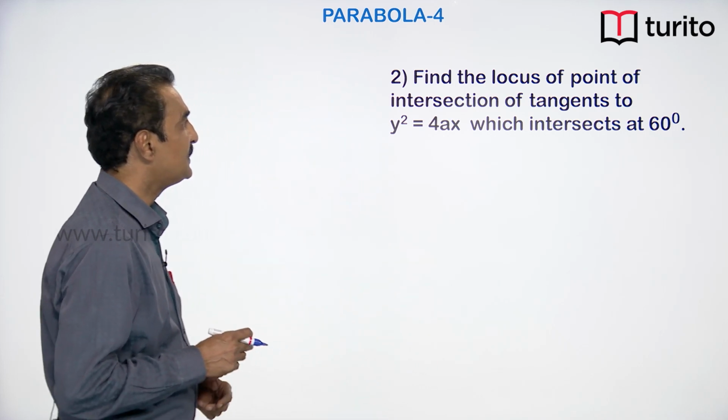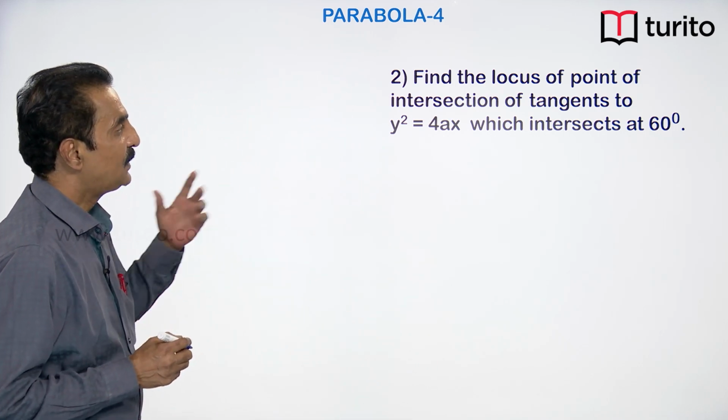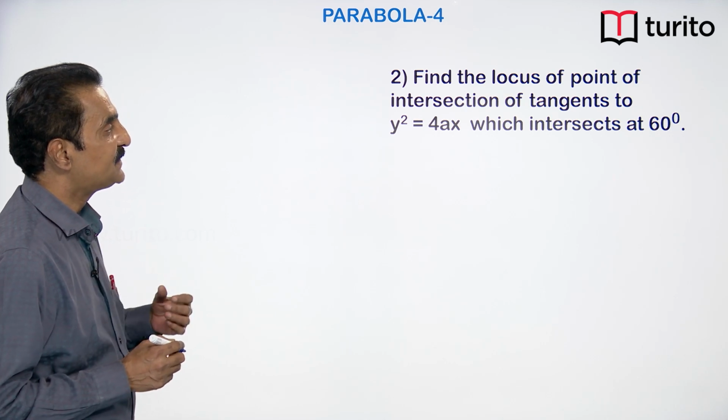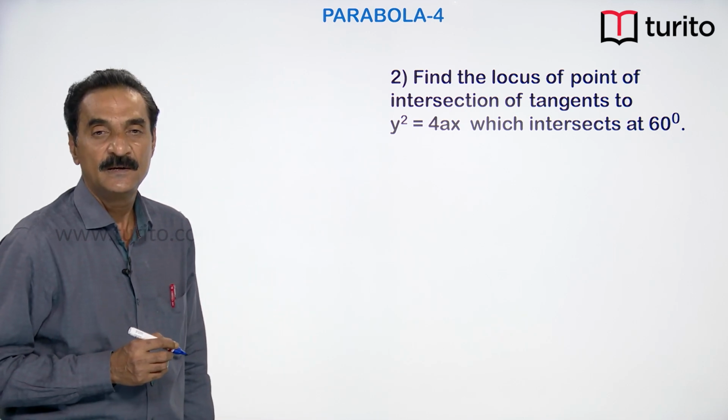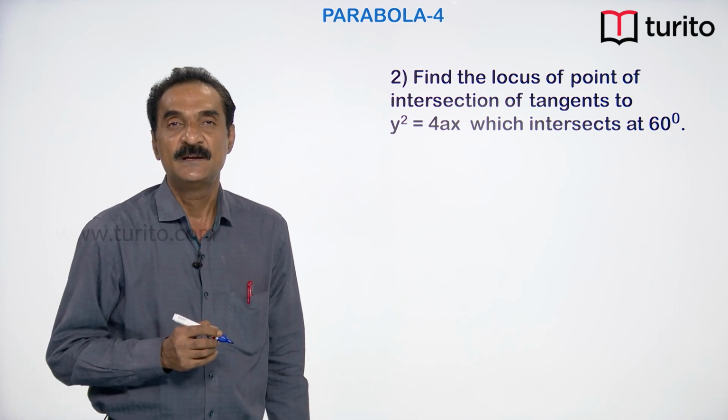Now, the second question: find the locus of the point of intersection of the tangents of the parabola y square is equal to 4ax which intersect at an angle 60 degrees.